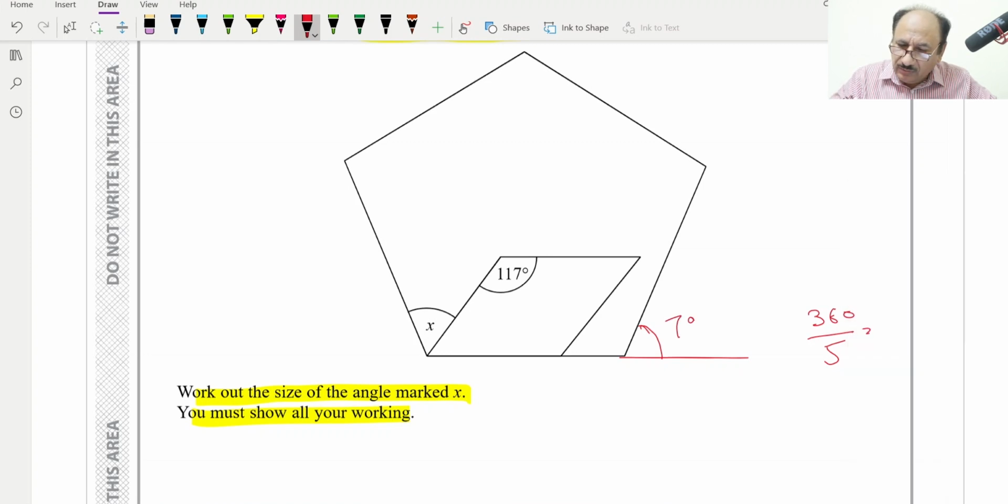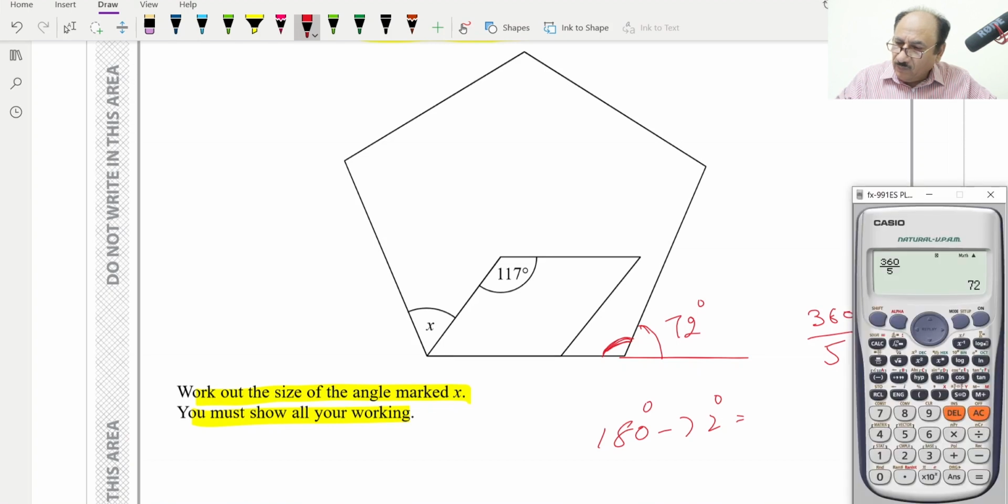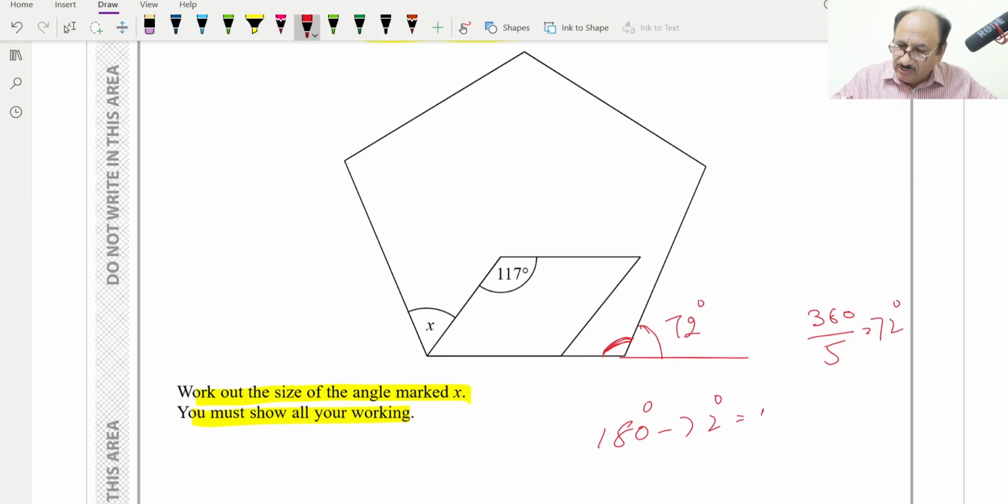So this angle will be 72 degrees. Now if this angle is 72 degrees, we can figure out this angle, which is 180 minus 72, equal to 108 degrees. So this angle is 108 degrees.